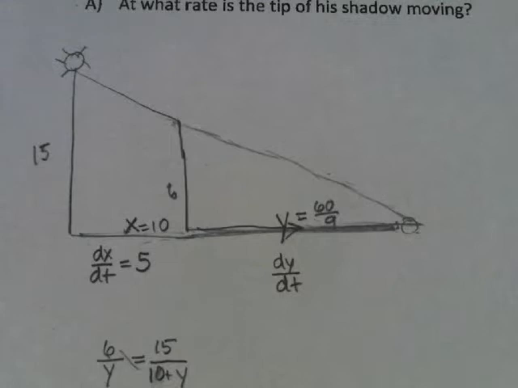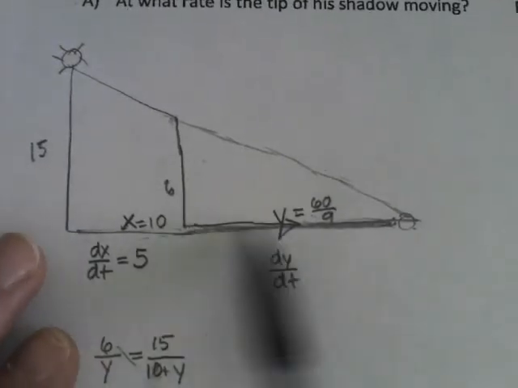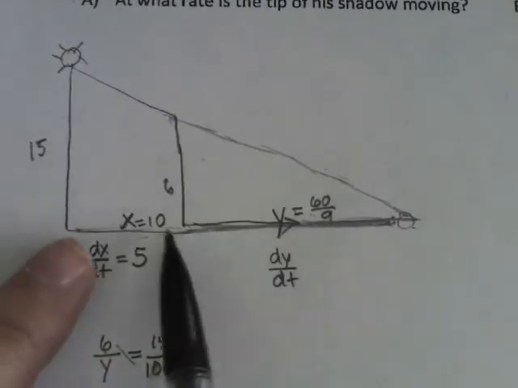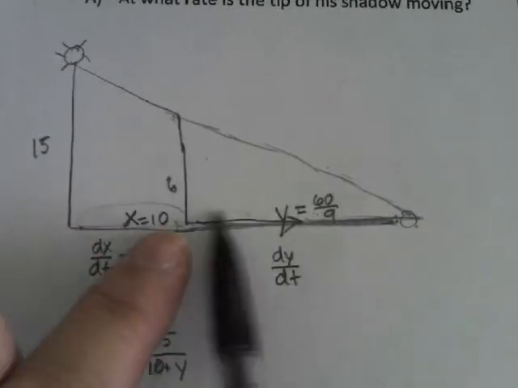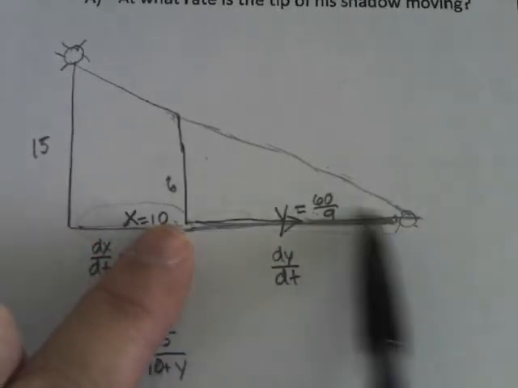Is your shadow longer at noon or at 7 p.m.? Right, because the sun's further away from you and lower in the sky, right? So as you walk away, there's a couple things changing here. Obviously, this is growing, but on top of it, this is growing.